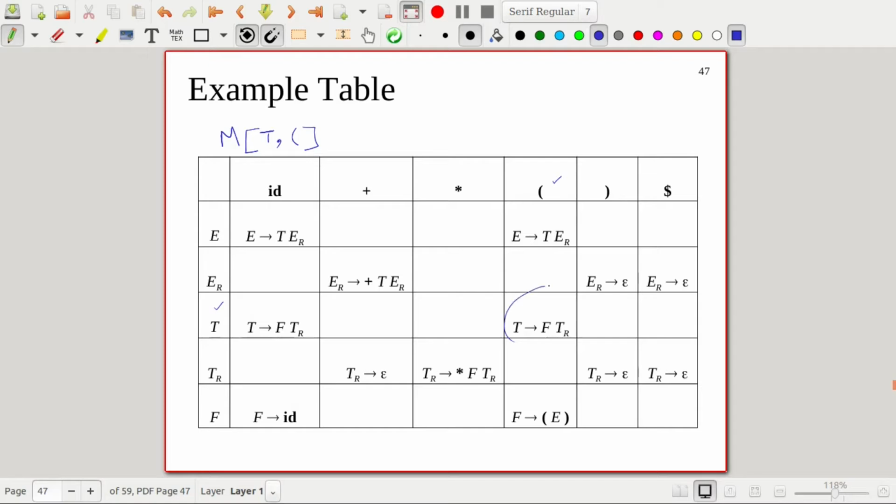So we will get this production. Similarly we can access each of the entries within the table. Our input string will be parsed by using this parsing table, so we have to consider how to fill the entries within this parsing table.